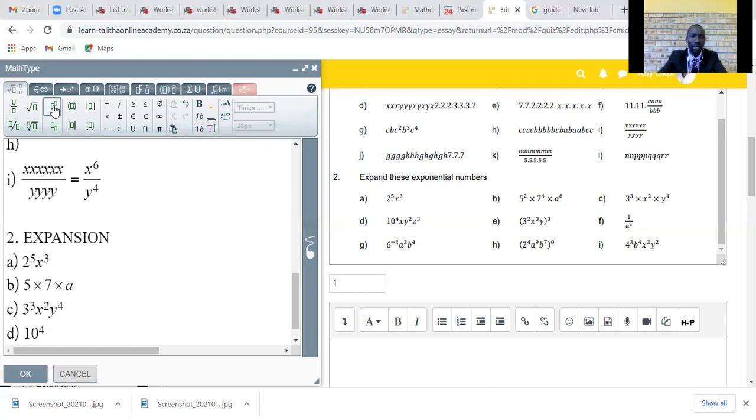So we got x, with exponent 1. Then a y with exponent 2.